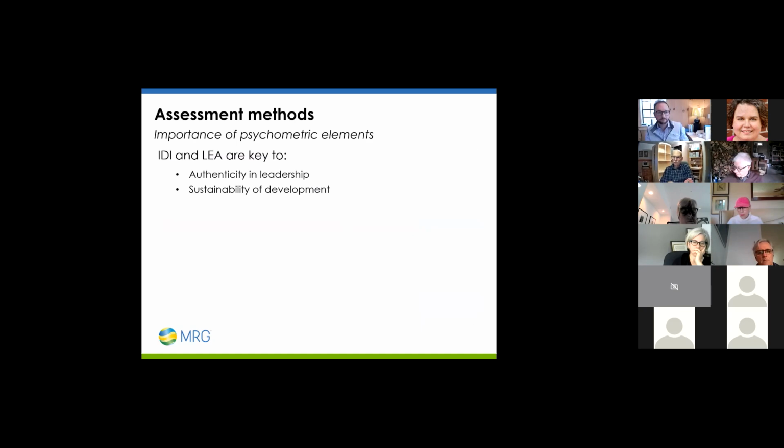Okay, so the importance of psychometric elements here, and David really talked about this. I'll go into a little bit more detail here, but what are the IDI and the LEA key to? Two things I think in particular are really important. First would be authenticity, and the second is sustainability. When I talk about authenticity, what I mean by this is, whenever I use the IDI and the LEA in selection, what I really feel like I'm telling the client is, this is who you are likely to get, right?